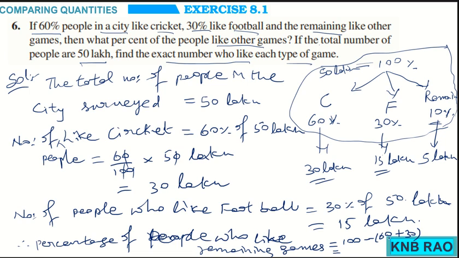You know, 100 minus of 60 plus 30, 100 minus of 90 gives 10. So, 10%. With that, continuing further, you can find the number of people who like remaining games as 5 lakh.